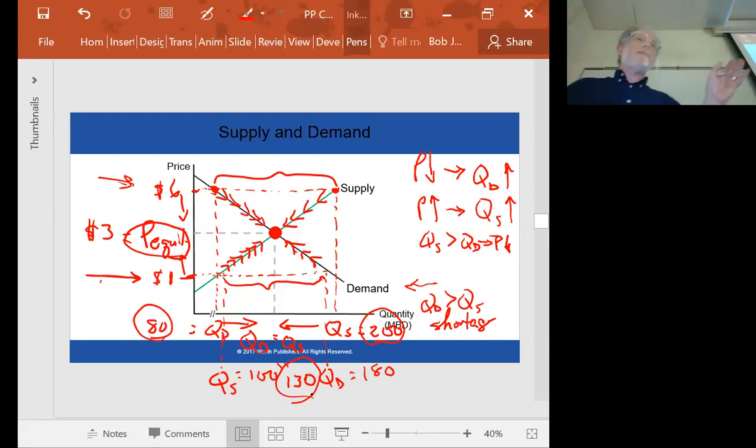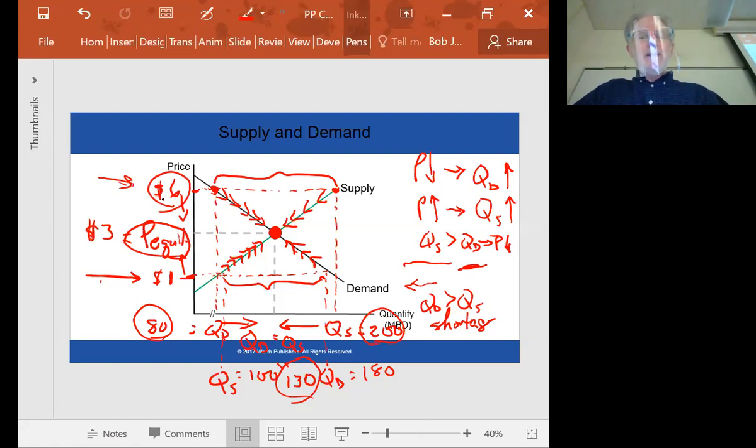It's very easy. The amount of the surplus is the difference between the quantity supplied and the quantity demanded. So you say, what is the current price? You read over to the demand curve. You find the quantity demanded, and it was 80. At the current price, you read over to the supply curve.